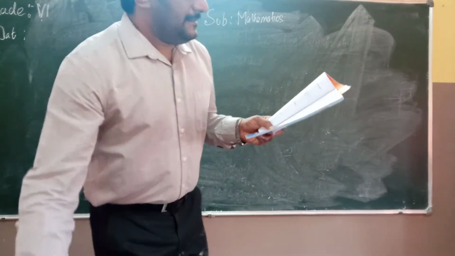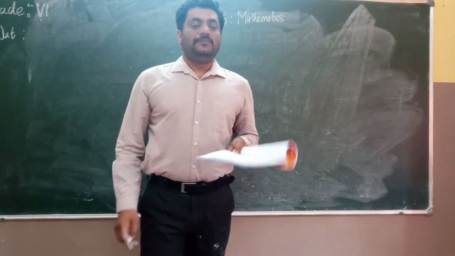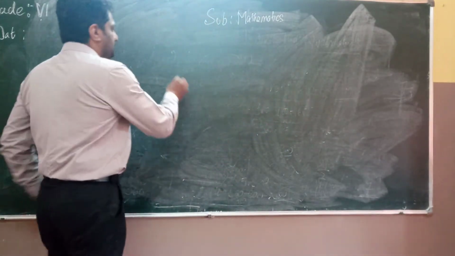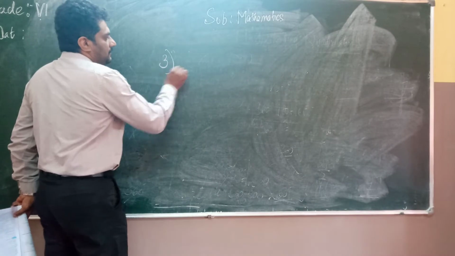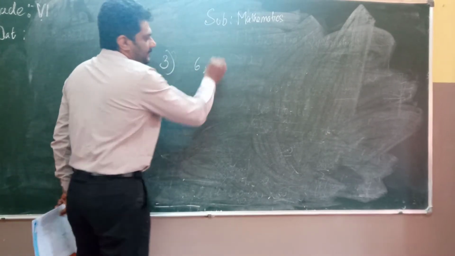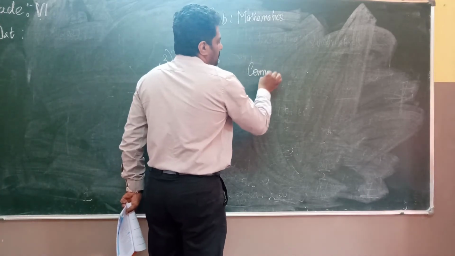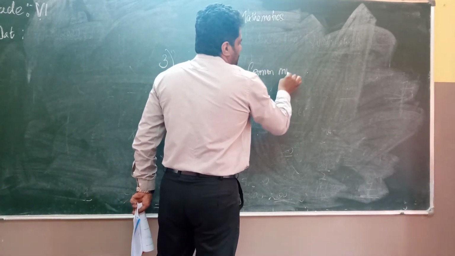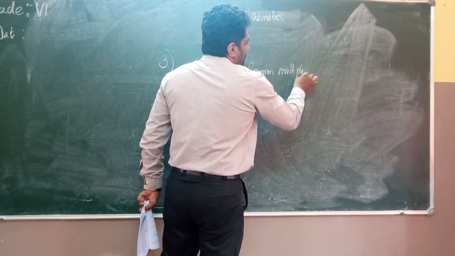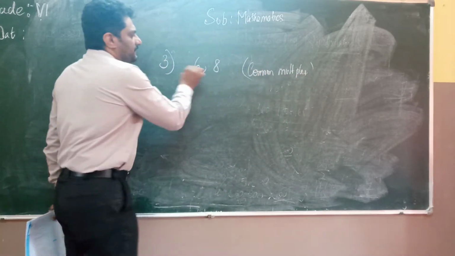Third question, find the first three common multiples of 6 and 8. They are asking for common multiples. Multiples is nothing but you just have to write the tables.